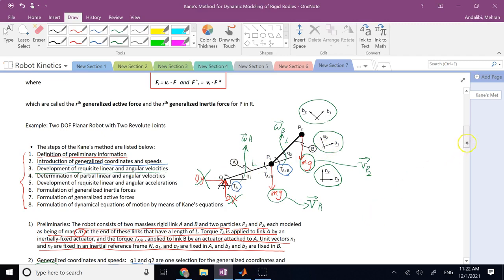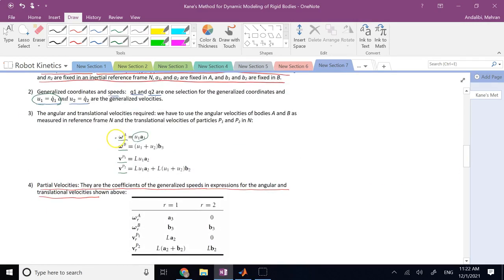So basically what I'm calculating here is omega of A written in A, the omega of that rigid body measured in its own body attached frame. And since this rigid body has A1, A2, and A3 is out of the board, and your rotation is about the axis out of the board, correct? So omega is going to be the magnitude of it times the direction of it. So u1 times A3 is very obvious.